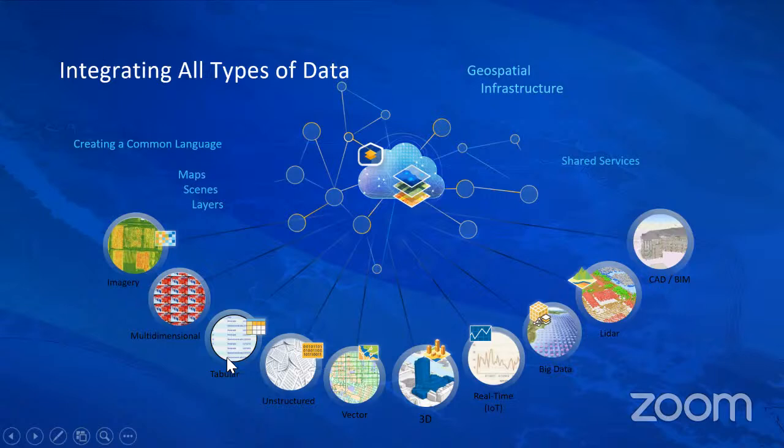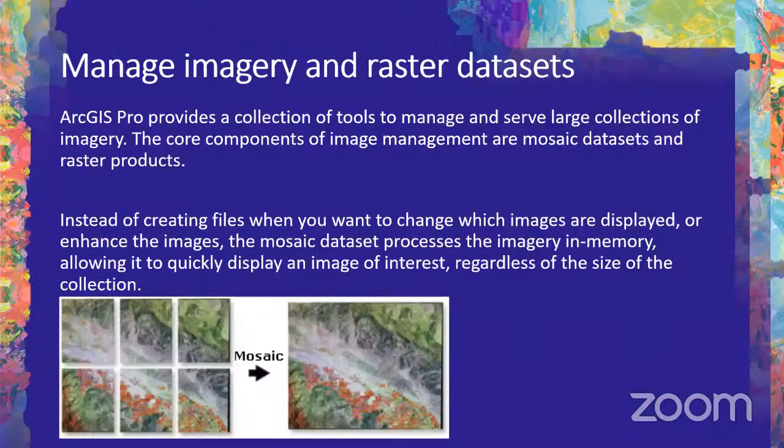Then tabular data, unstructured data, vector, 3D, real-time IoT sensors type of data, big data, LiDAR, then CAD, BIM type of indoor GIS data. So a lot of data can be integrated into the platform. The capabilities are in different types of tools and extension modules. So we'll take specifically the imagery capabilities in Image Analyst and the main software component.